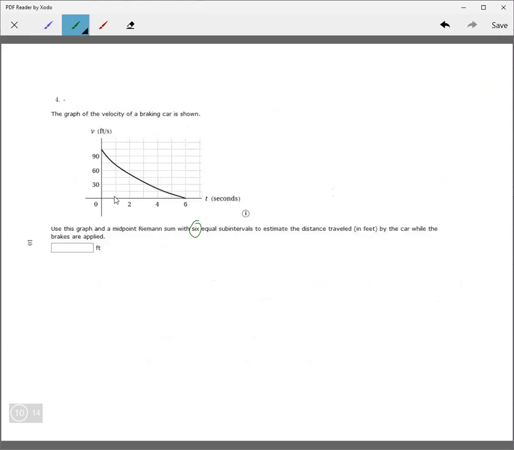There's 6 seconds, so that's great. So these will be the intervals right here. And for this first interval, we'll use this mid value here. For the second interval, we'll use the midpoint here. And the third interval, the midpoint there, and so on.